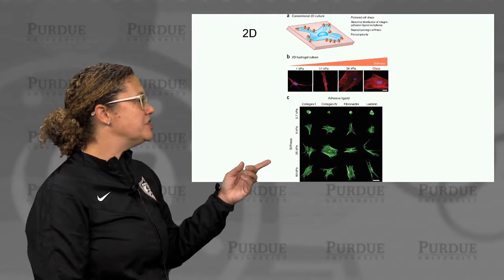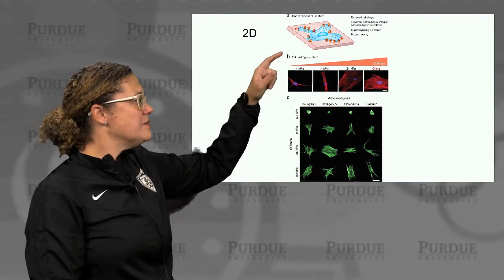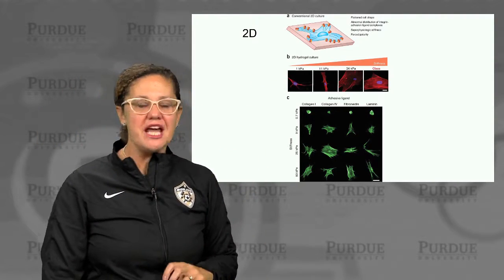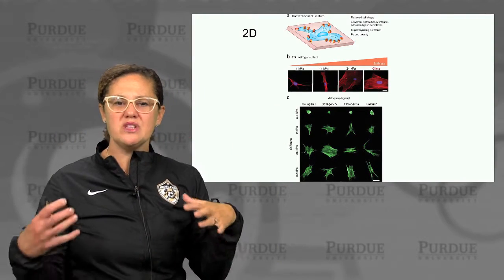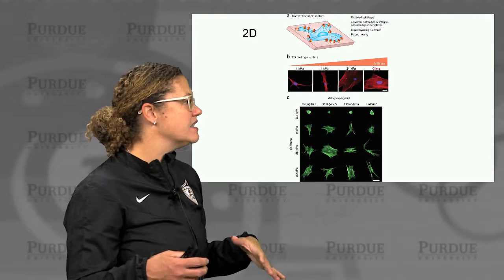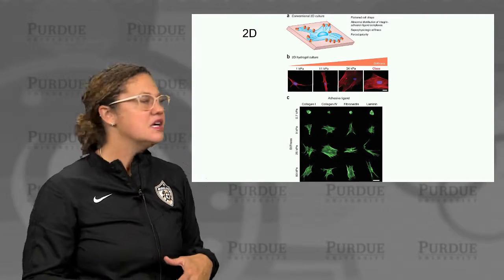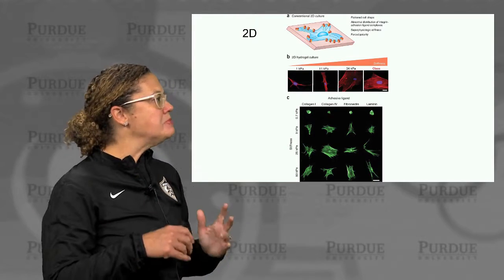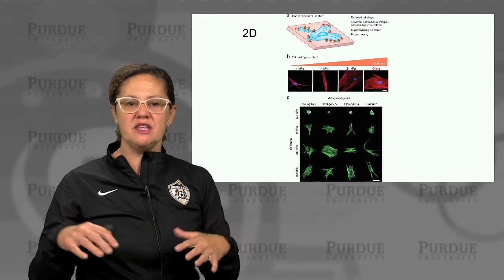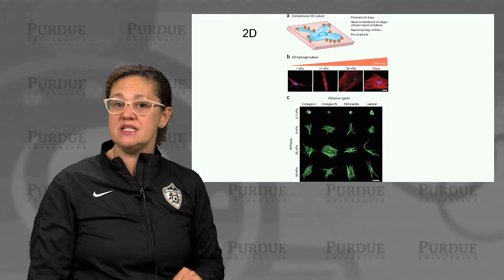So in two dimensions, we typically get a very flattened cell shape and actually an abnormal distribution of these receptor adhesion ligand complexes. So there's often this forced polarity and abnormal morphology in this sort of planar orientation.